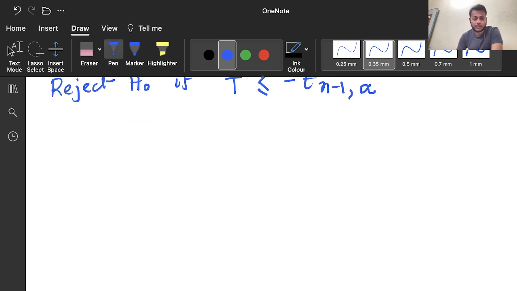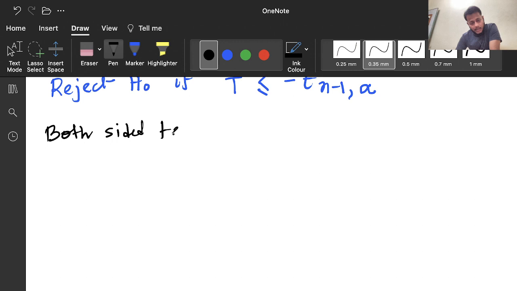Let's see the both-sided test here. And these tests are what you have seen in many situations. These tests are called the t test.